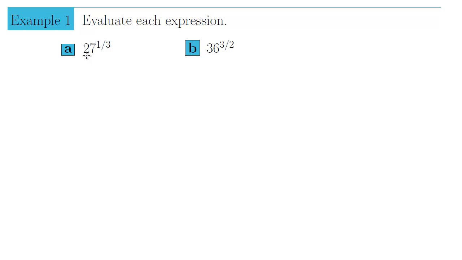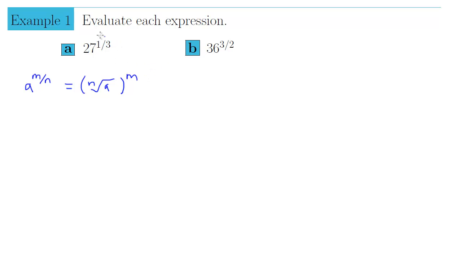Okay. So remember, the definition tells you if you have a base to a fraction exponent, then the denominator of the fraction tells you the type of root you should use, and the numerator of the fraction tells you the power to take that root to.